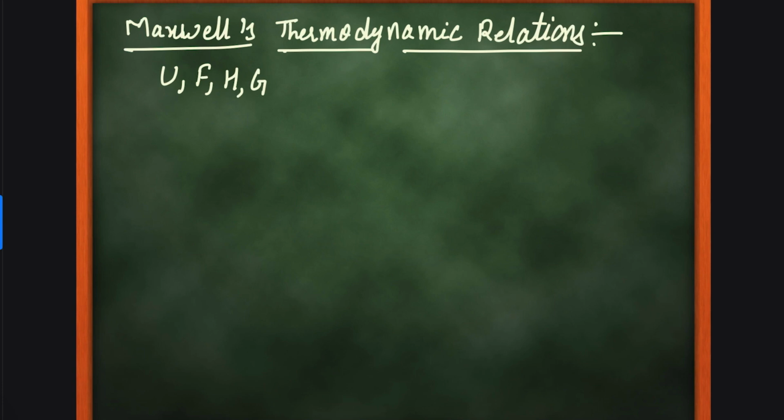following identity. If dz is equal to a function of x and y, then it is a perfect differential.